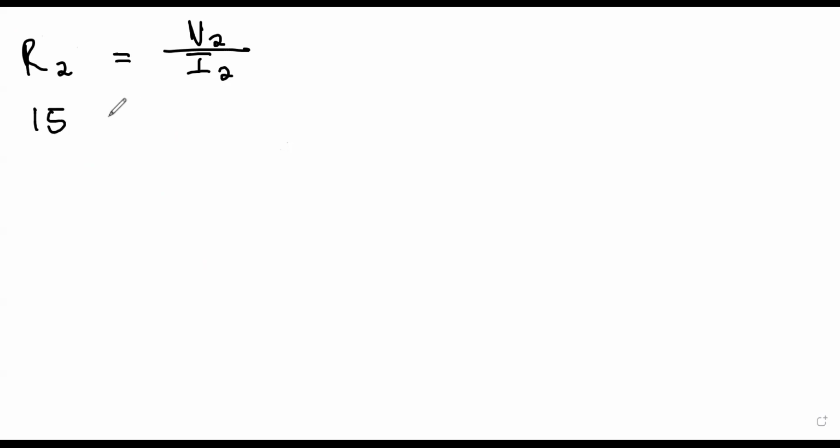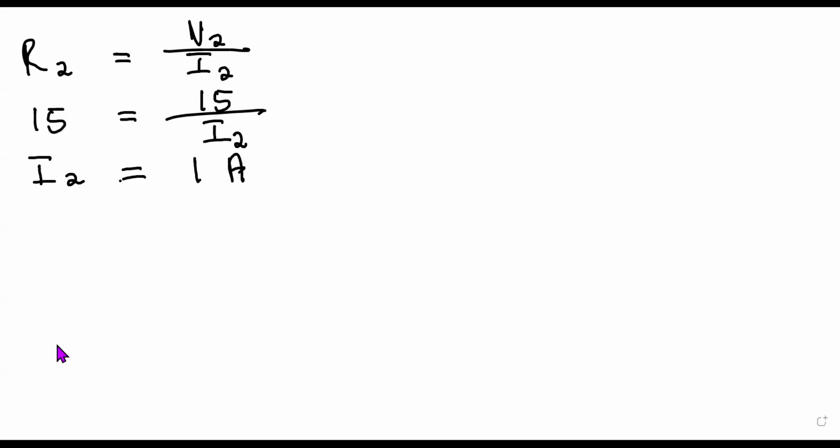The resistance of the resistor is 15 ohms. The potential difference is just going to be what? Well, it's 15 volts as well, yes. And then the current is the one we are looking for. So it means our I2 will just be 1 ampere.